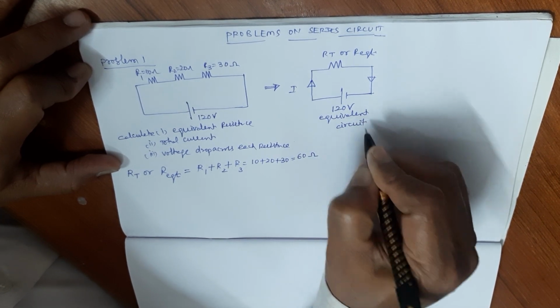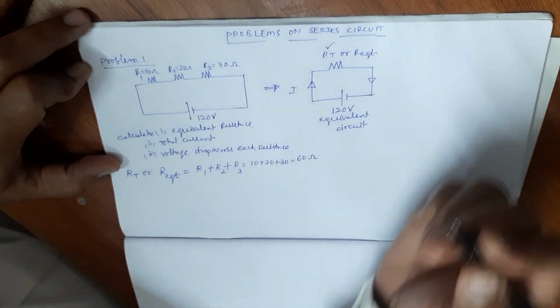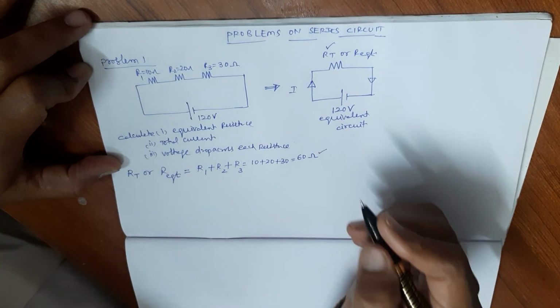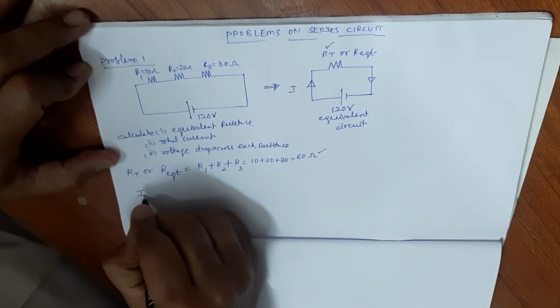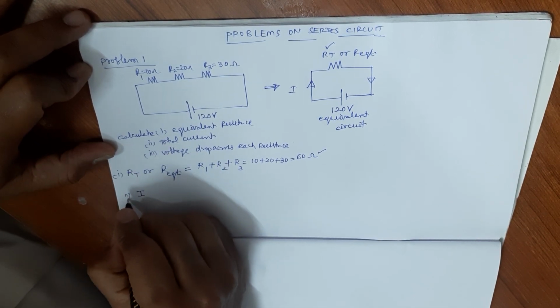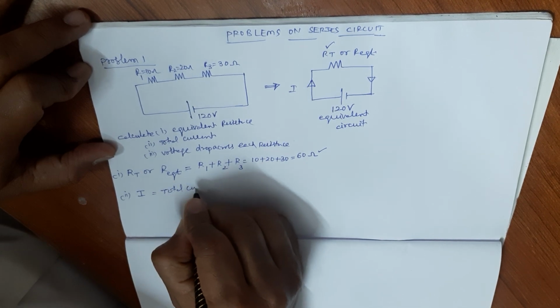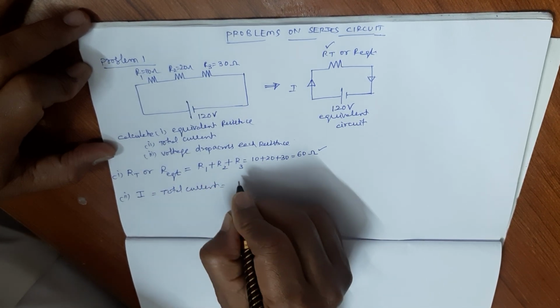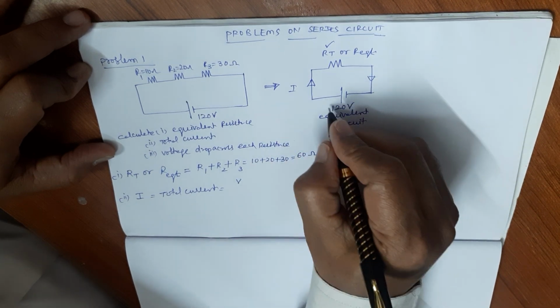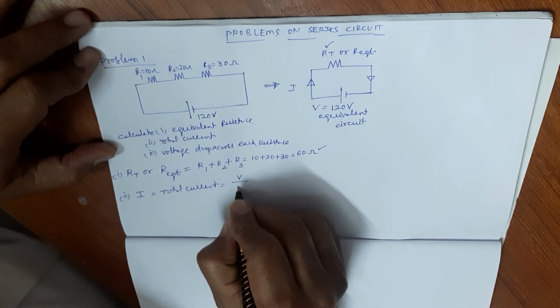So, in this equivalent circuit, what is the value of total resistance? 60 ohms. Now, we can calculate, this is the first one and this is the second one. So, total current I equal to, as per this circuit, voltage by resistance.